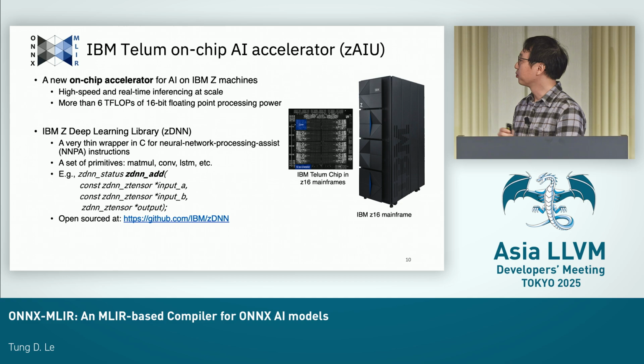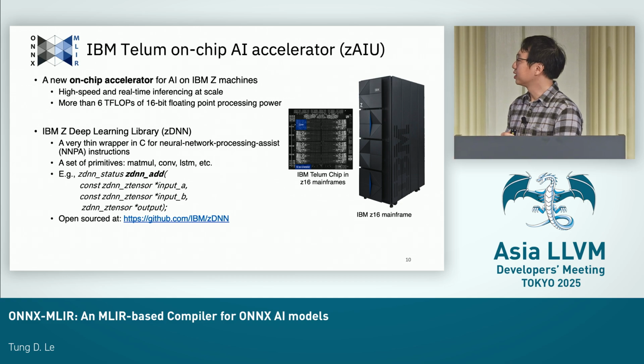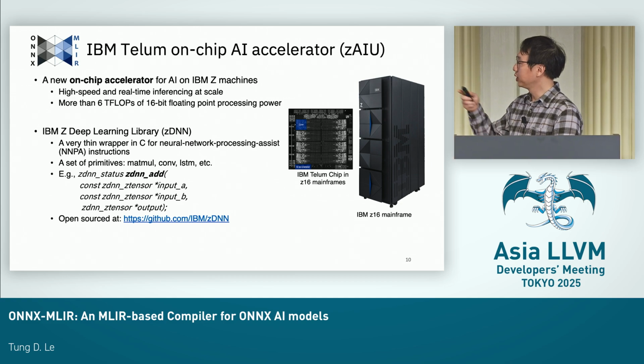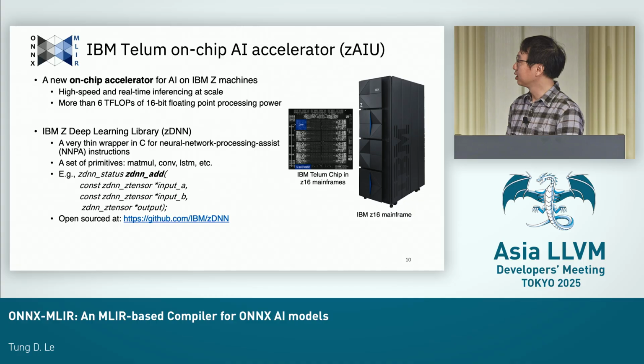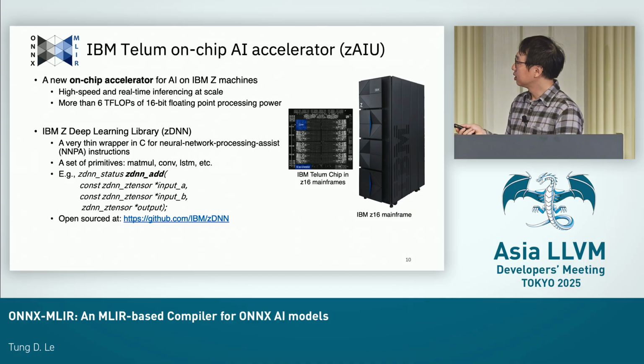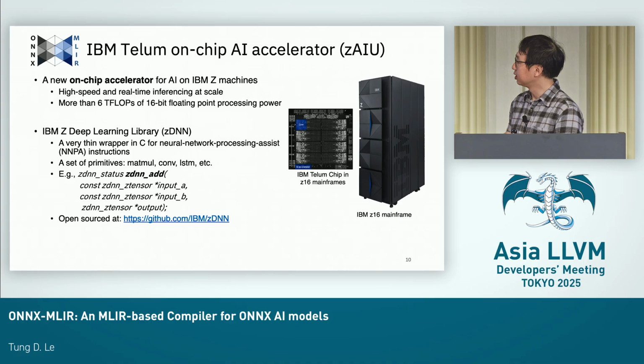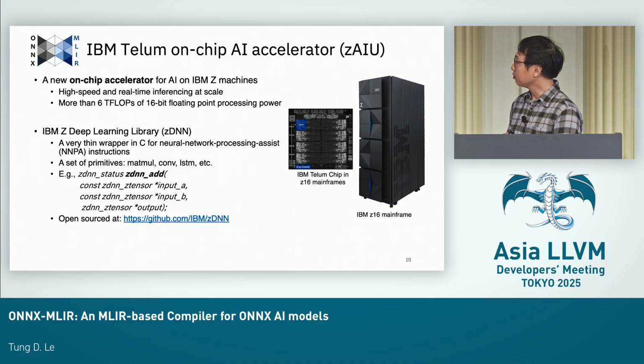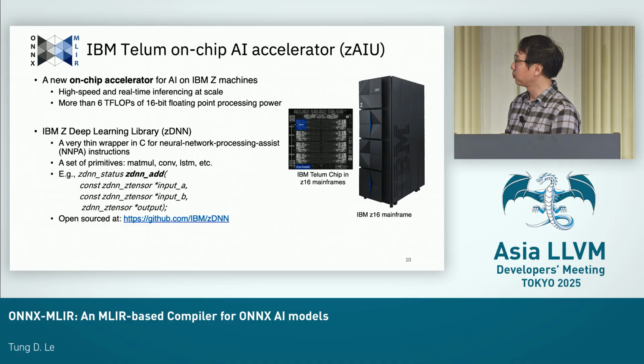Given that, the compiler needs a way to work with this library. This is one example of a primitive in the library for addition. You can see that the input and output are in the format of zTensor.